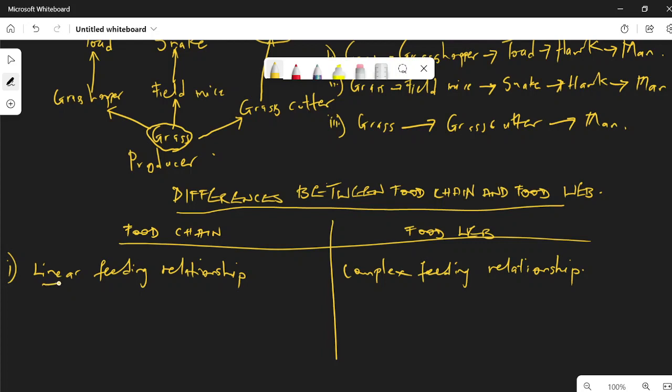The difference is there. We have this one to be linear and this one is complex. Is that clear?